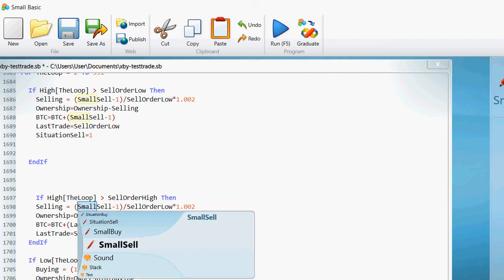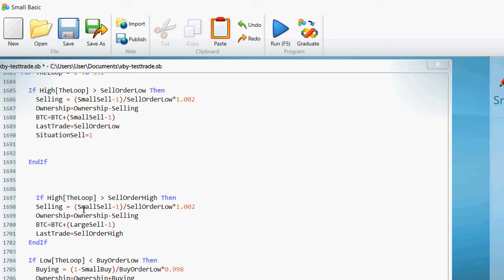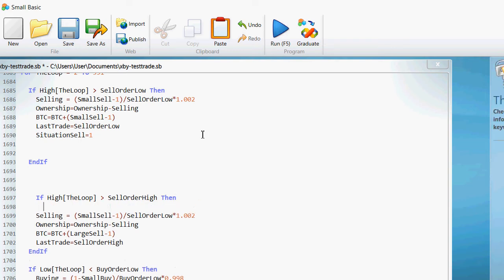But now my buy order is going to be screwing up. Good thing I've saved this from before. So if I know I'm selling if the price hits that buy order level, and I already know what that number is with sell order high, then what I would need to do is find out what my ownership is worth.